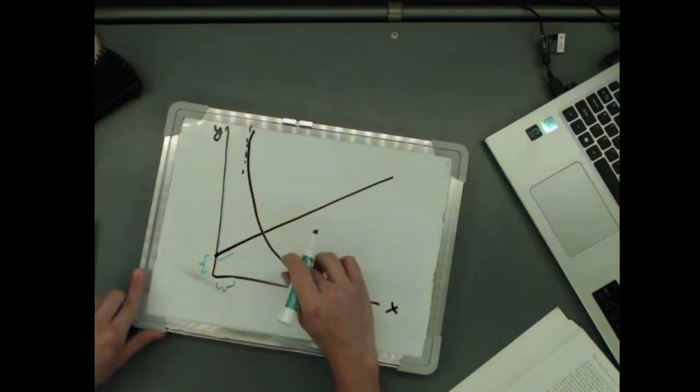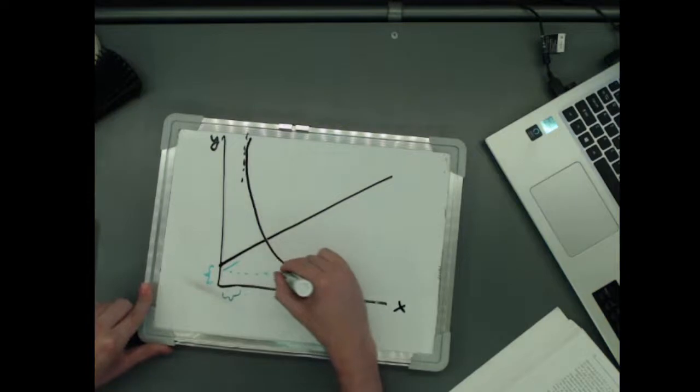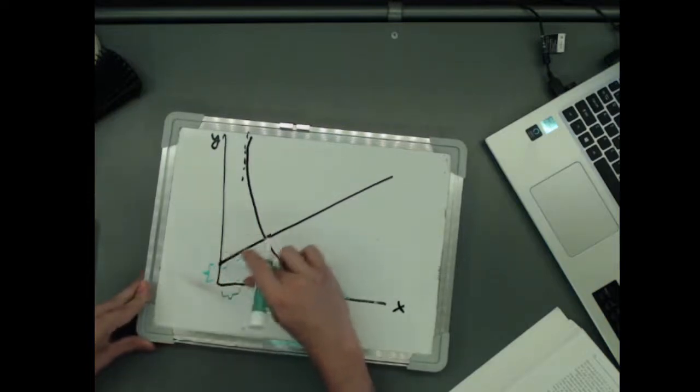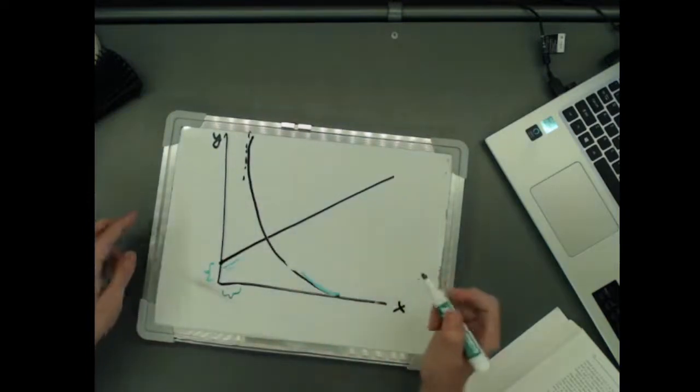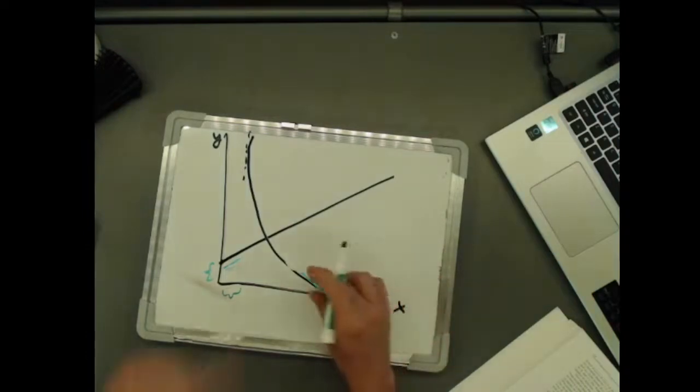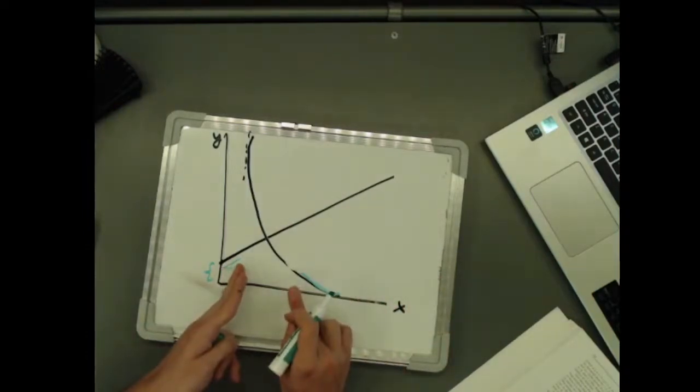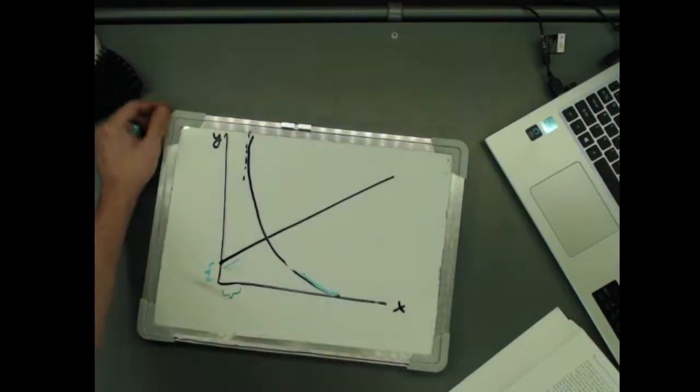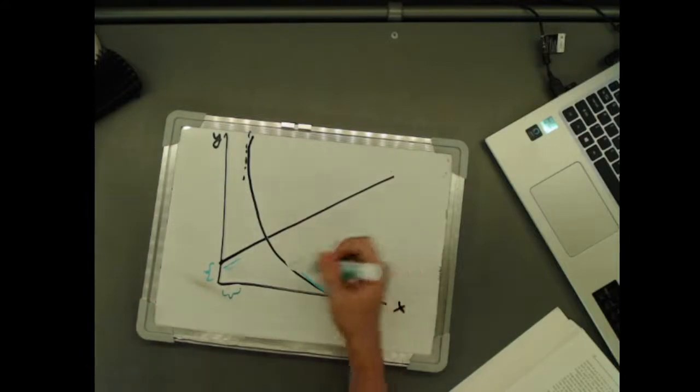Let me try and make this look a little better. Suppose it needs to use everything from here to here. Actually trying to write this out is a little bit of a toughie.